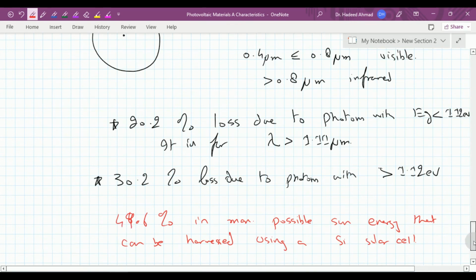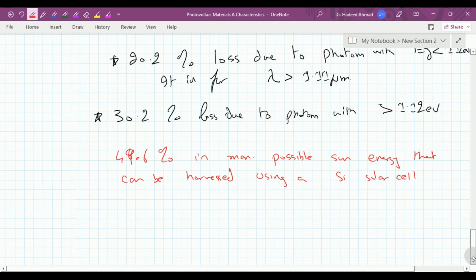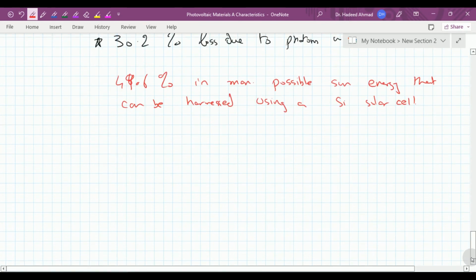So having said that, we do understand that the choice of a material and the amount of research work in material is the key in designing a highly efficient solar photovoltaic module. Some other band gap and cutoff limits are given in the textbook.